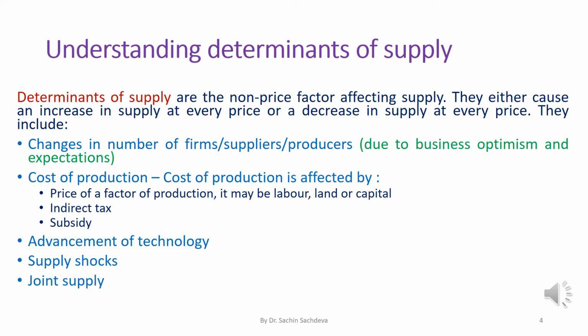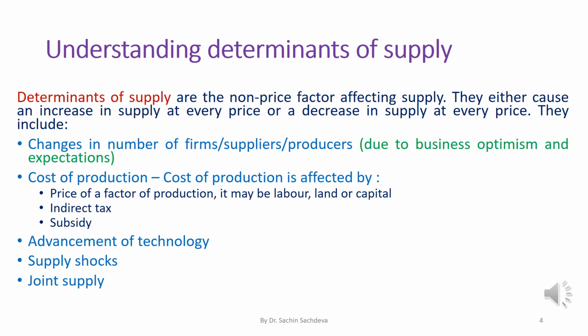Also, indirect tax. If an indirect tax is imposed by the government, the producer has to spend more money. Part of the money which the producer had is going to the government. And if indirect tax is cut by the government, the producer will have extra money left, so the cost of production will fall.